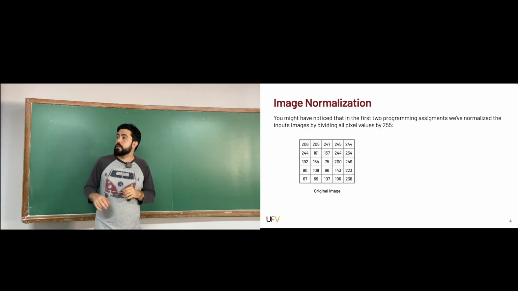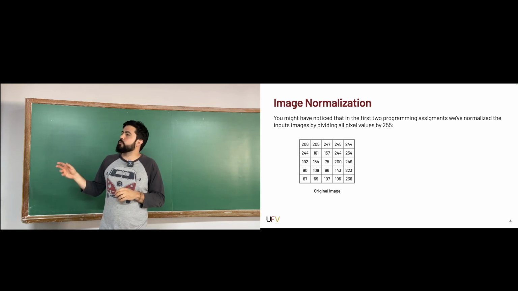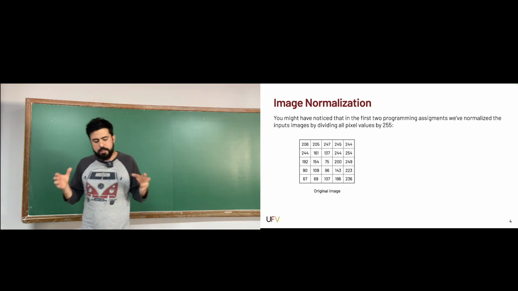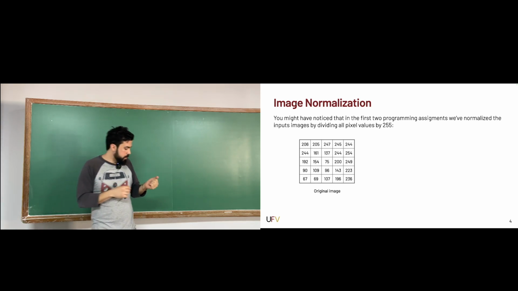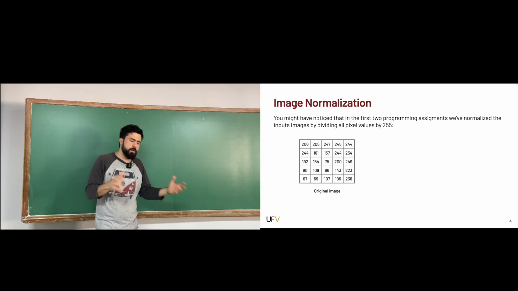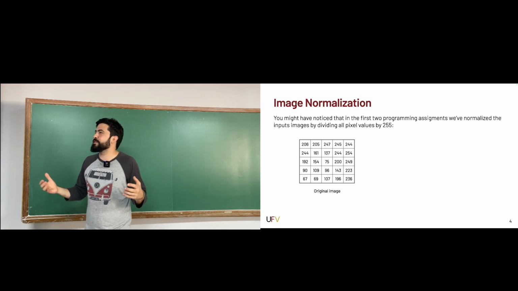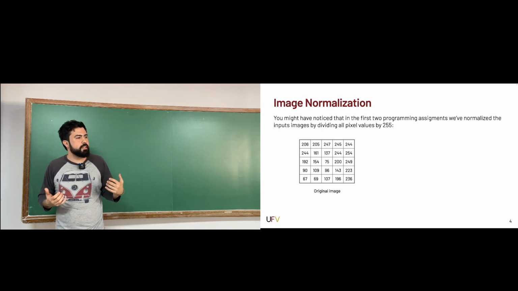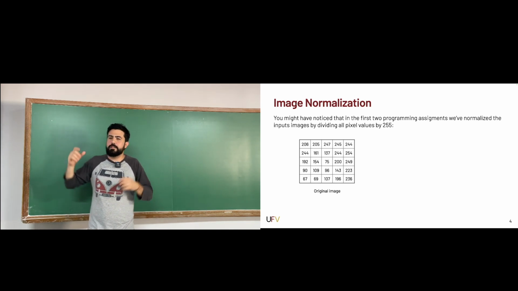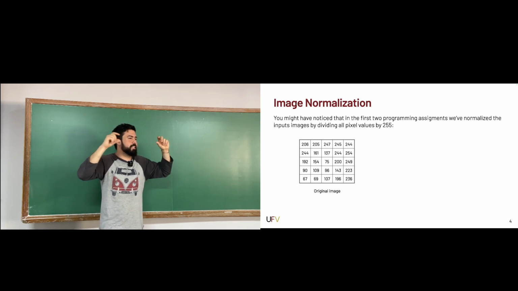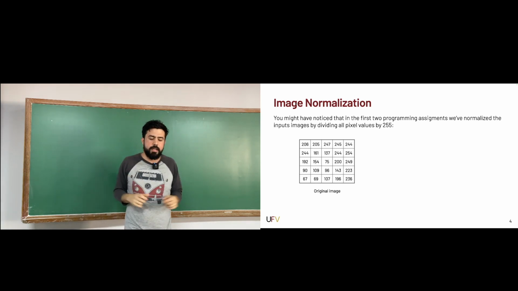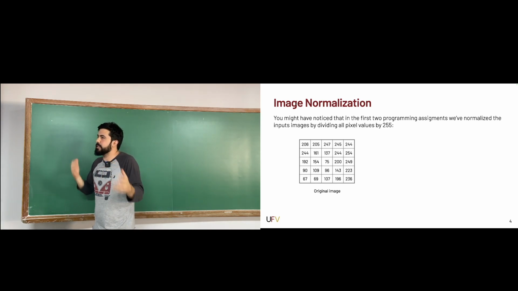So this is what we've been doing so far when we are processing images. All three assignments so far deal with images, right? And right at the beginning of the assignment, there was a cell in Colab asking you to normalize the input image.